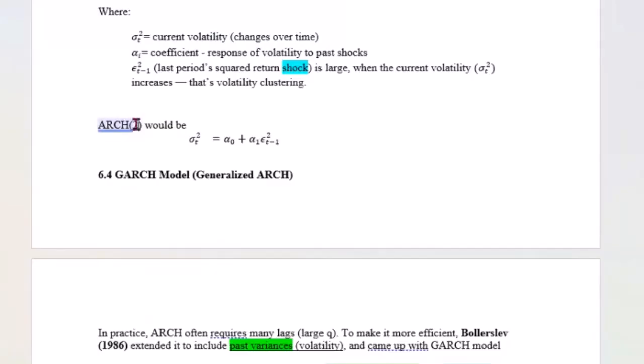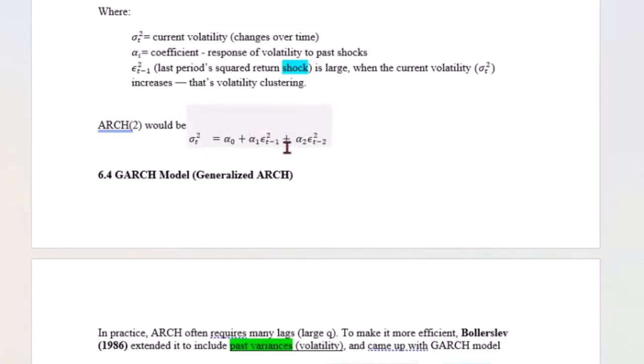In case we want to add, let's assume we add Q2, ARCH 2. So if we add 2, it means that we will be going back 2 periods. So here we just come and add another term, but in this case our alpha will be alpha 2, and this one will be t minus 2, like that.